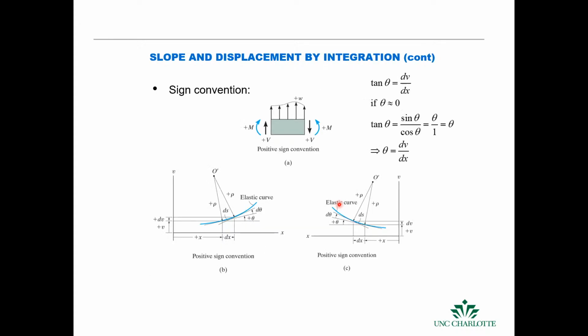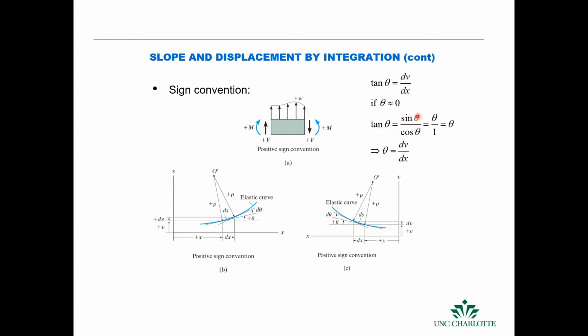So for the elastic curve, if we have this slope of the beam, and we say the tangent of this beam is this little amount dv over dx. And if theta is really, really small, we know that the tangent of theta is the sine over the cosine.